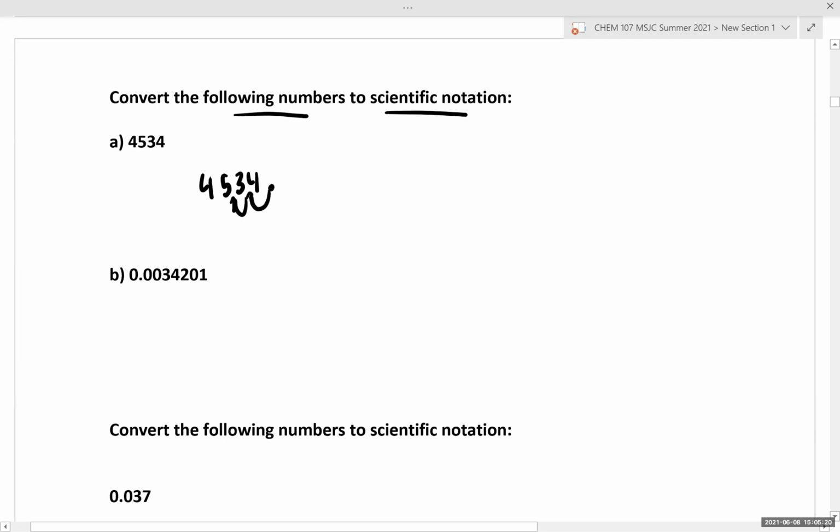I have to move my decimal point 1, 2, 3 spaces to the left. That gives me 4.534. Because I moved my decimal point 3 spaces to the left, my exponent would be 10 to the +3rd. Does this example make sense to everyone?